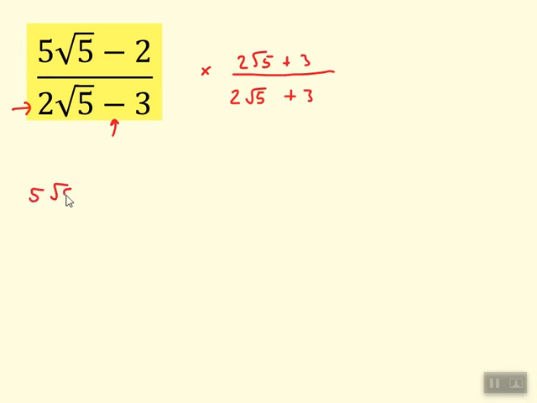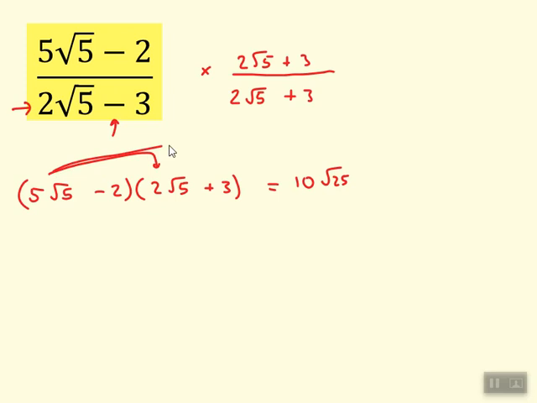Okay, so let's do the top. So 5 root 5 take away 2 times 2 root 5 add 3. Let's do that. So that is going to be 10 root 25. That's going to be add 15 root 5.